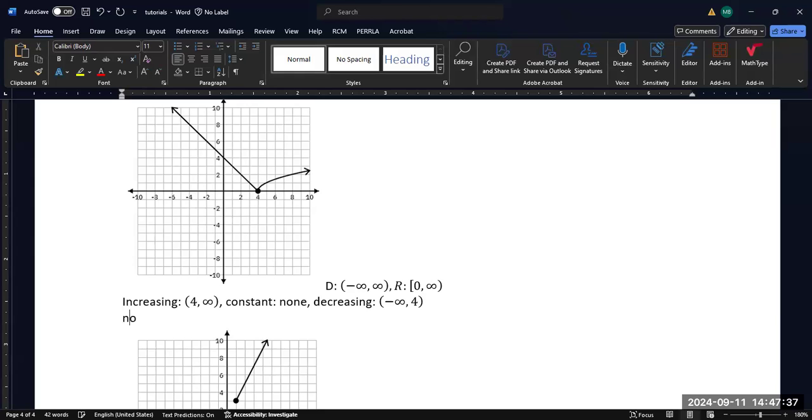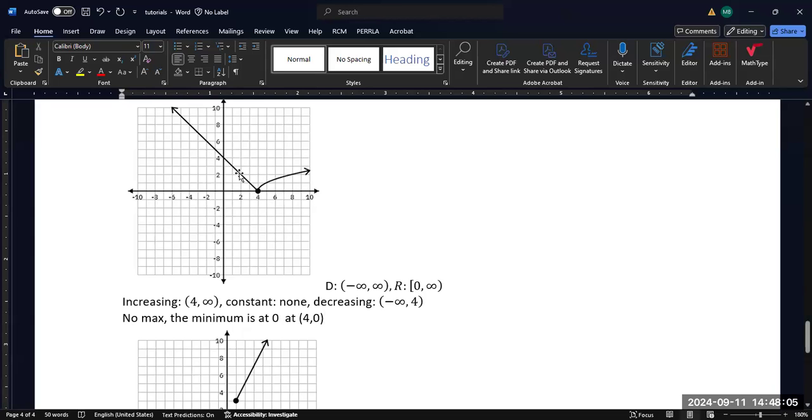There is no max. In this case, the minimum is at 0, and specifically at 4, 0. The minimum itself is 0, and you can see that reflected in the range.